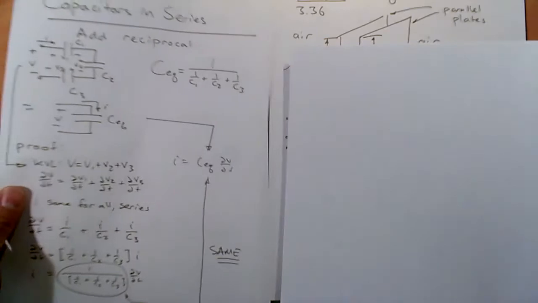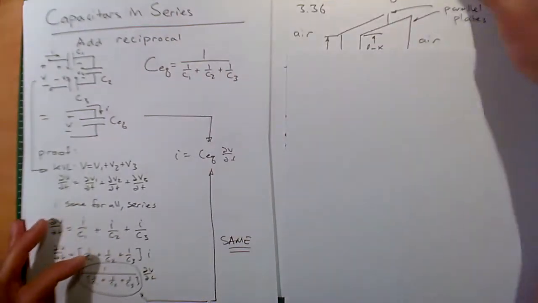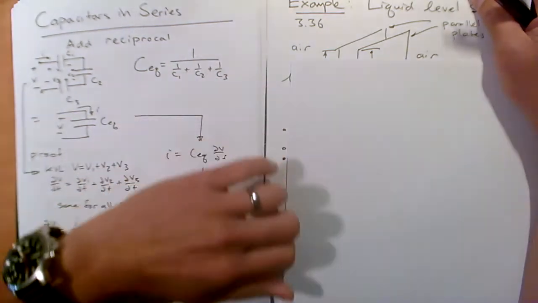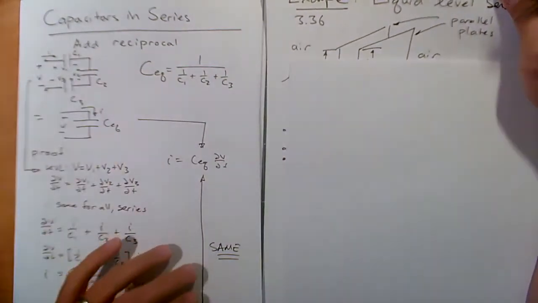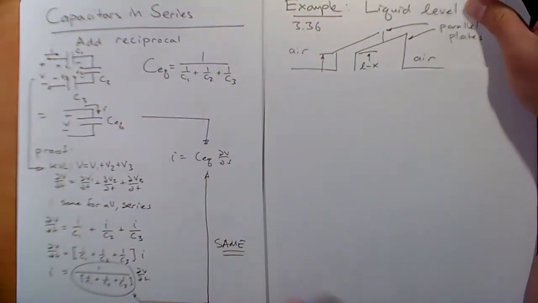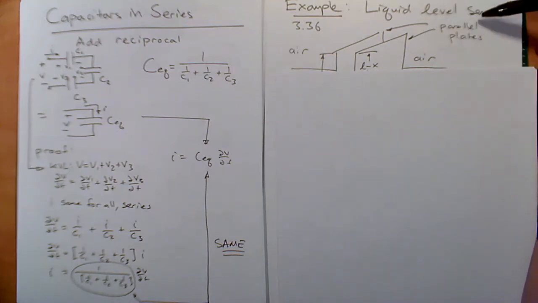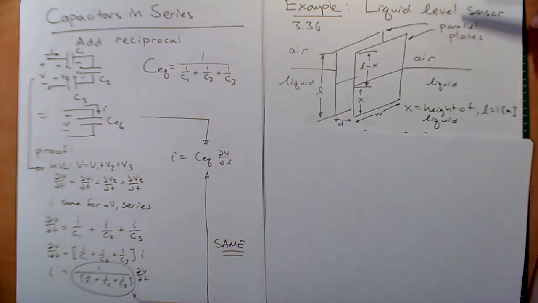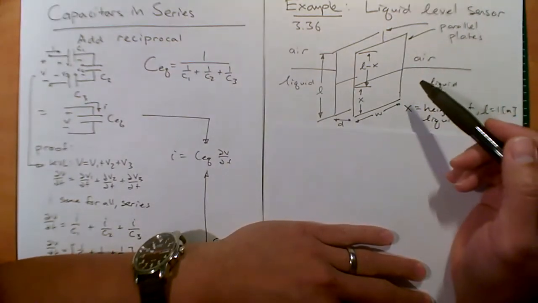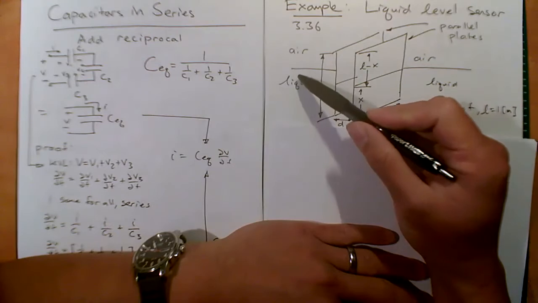So this is an example. This is kind of similar to that example with the bike pedal power meter, in that it would be an application of using this capacitance. One application could be a liquid level sensor. Imagine you have a gas tank, and you want a way to check what the liquid level is.